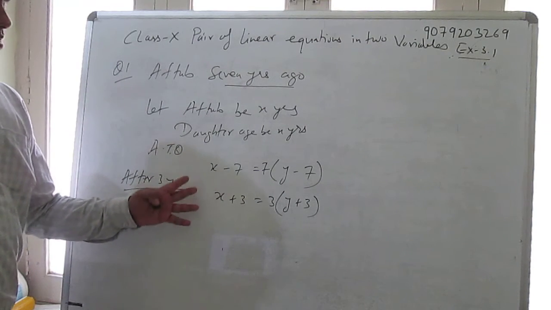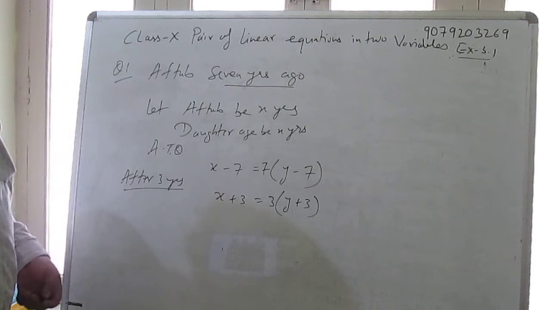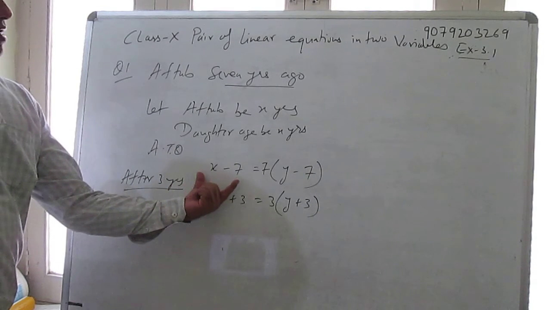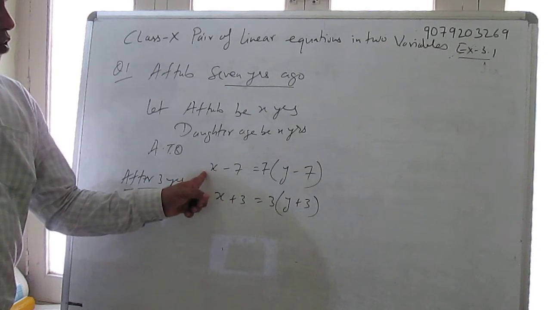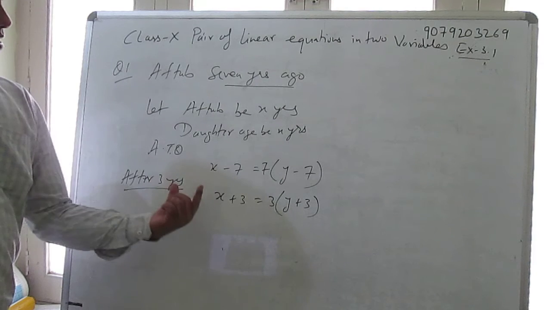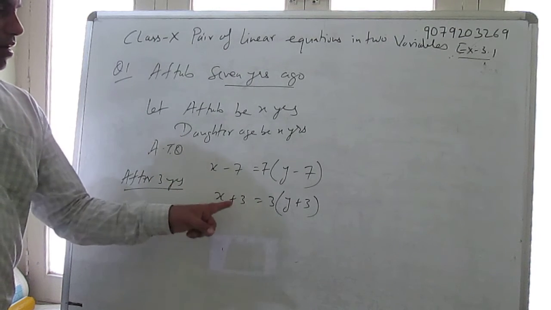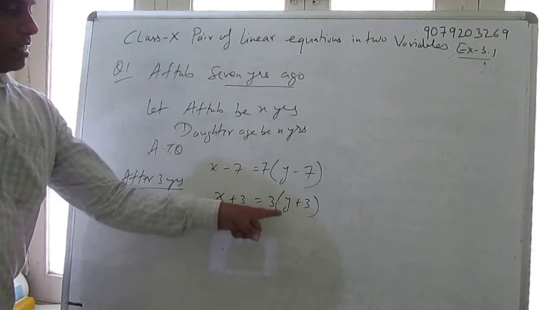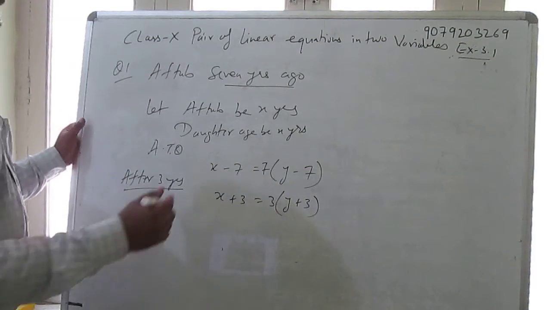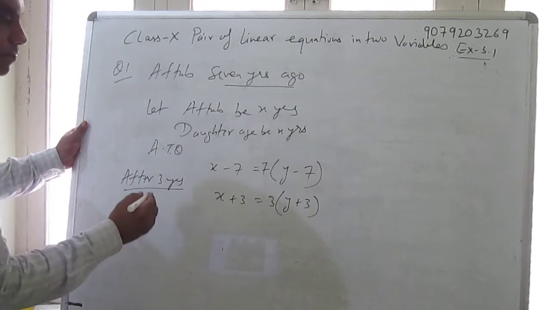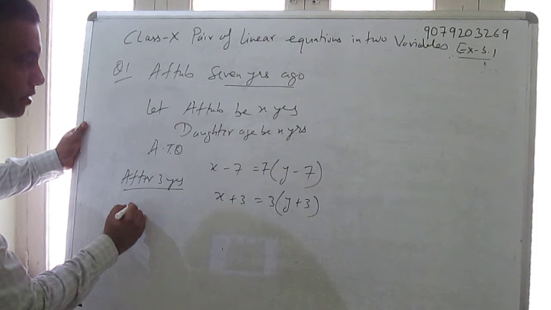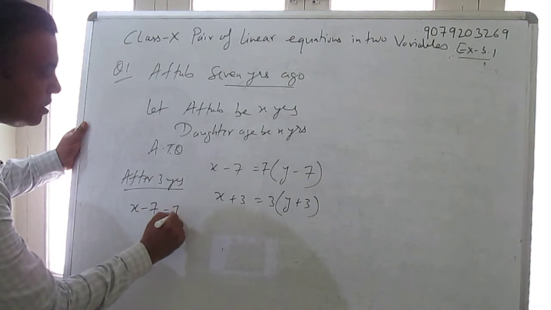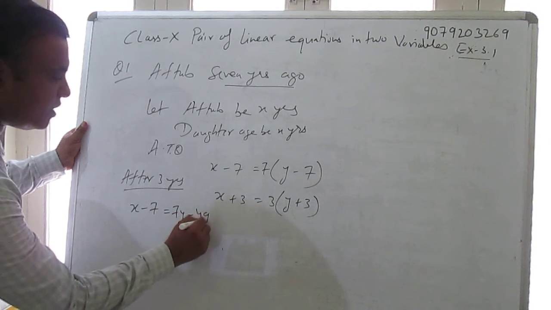Algebraically we make two equations according to the question. 7 years ago Aftab is 7 times old, so we multiply the daughter side. 3 years from now Aftab is 3 times old, so we multiply the daughter side. Now see here, x minus 7 is equal to 7y minus 49.